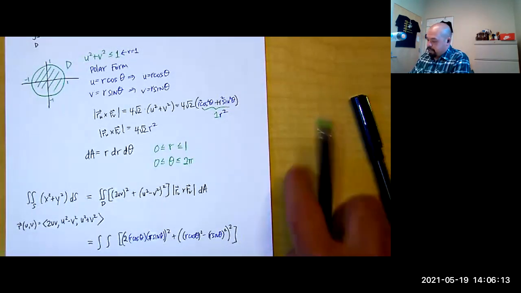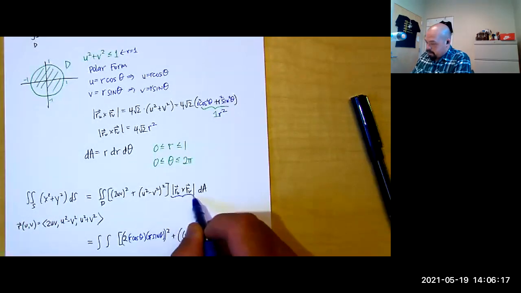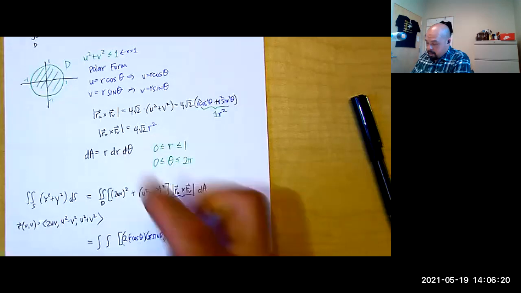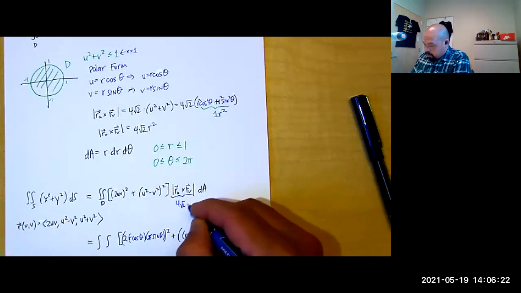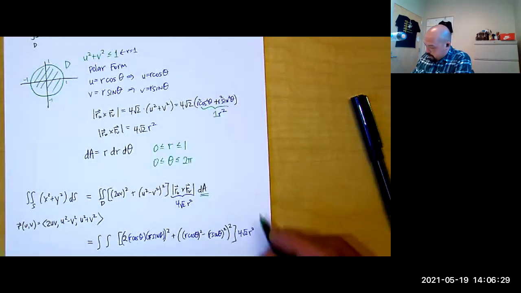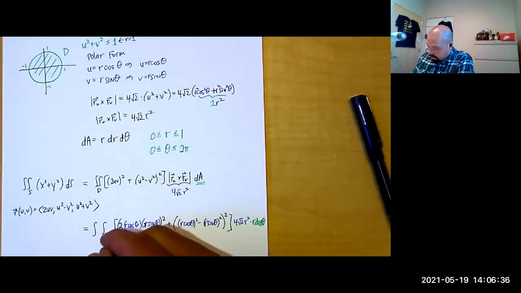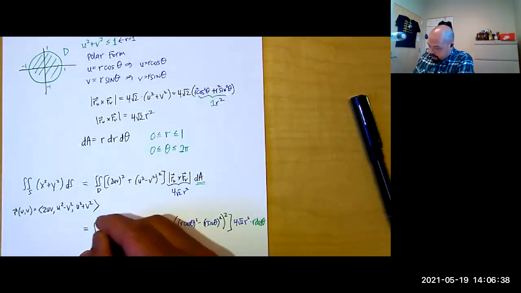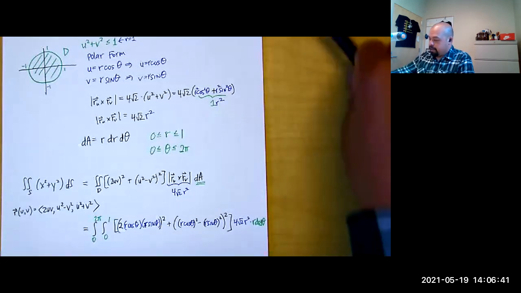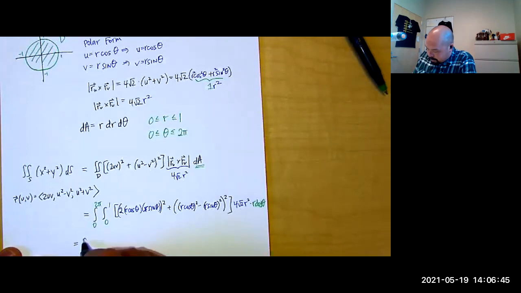And then what we had done here, remember that was 4 root 2 r squared. And then the dA component, r dr d theta. And so since I have my limits here, r 0 to 1, theta 0 to pi, and a lot of algebra to clean up.